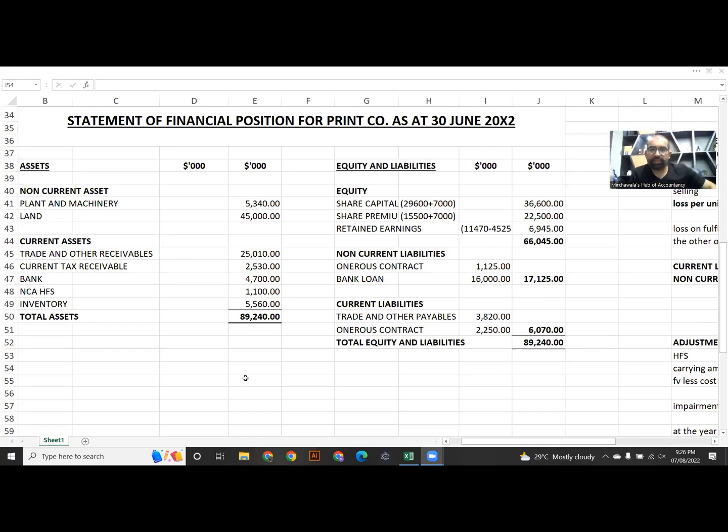Okay, sorry. Yes, I switched the liabilities. Sorry, it's my mistake. I wrote the non-current liability wrongly. Wait, it should be 2250 here, and this should be 1125.